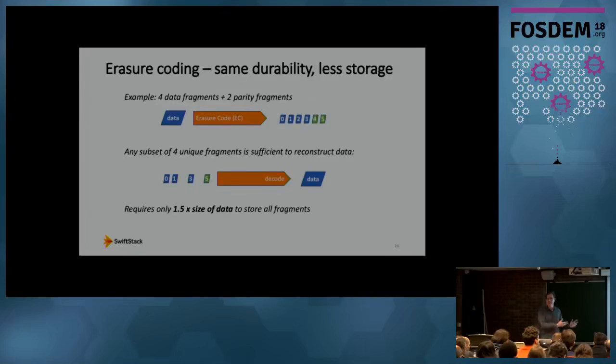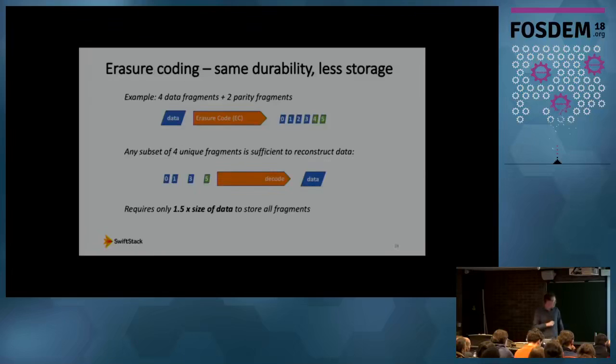In the example I've chosen here, we have 2 parity fragments. And at least in the Swift community, we'd refer to this as a 4+2 erasure coding scheme. Each of those parity fragments is the same size as a data fragment. So in this example, we've added 2 more fragments, so we have added 50% more to the size of the original data.